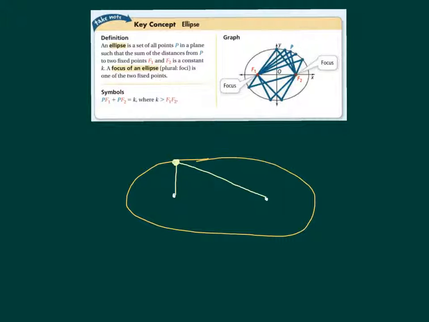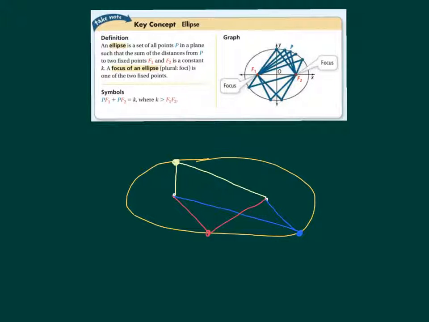Basically, you have 2 points, which we call foci, plural of focus. And the ellipse is set up so that for any point on the ellipse, if I take this distance and I add up that distance, the sum of those two is going to be exactly the same as if I have this point on the ellipse and I add up those two distances, which is going to be exactly the same as if I take this point on the ellipse and I add up those two distances.